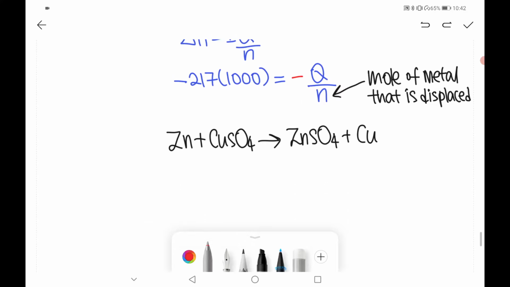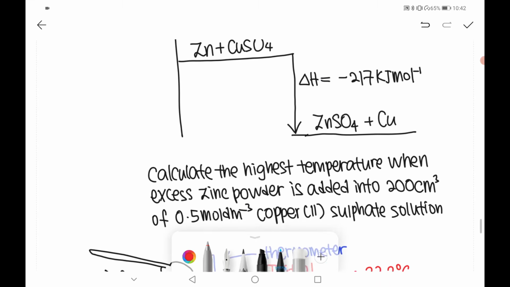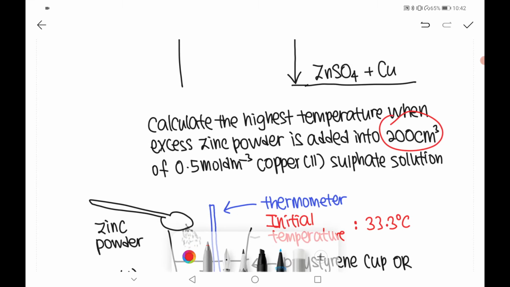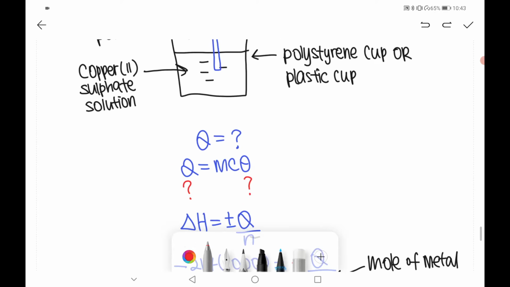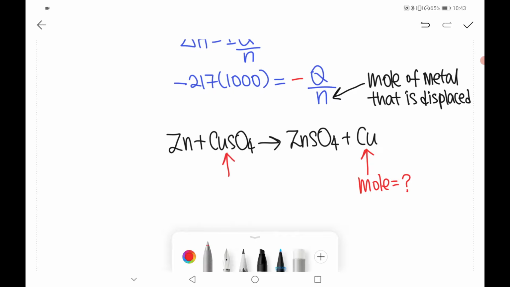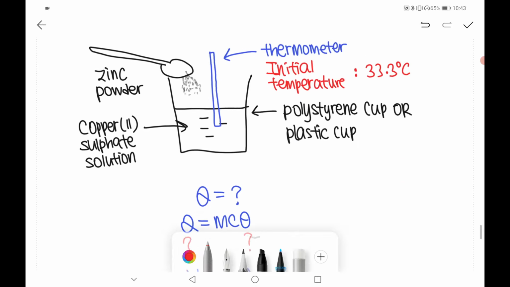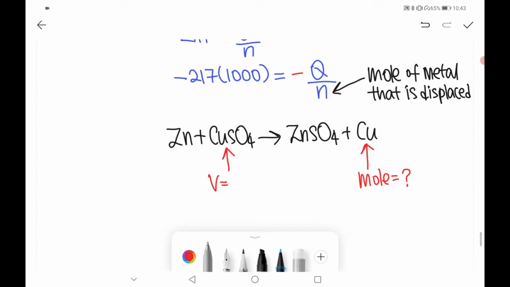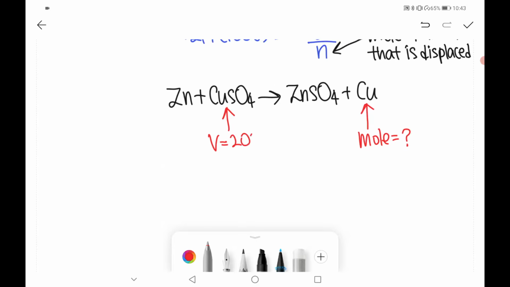Which metal is kicked out? Copper. So we want to find the mole of this copper. What information does the question give us? It gives us the volume and concentration for the copper sulfate solution: the volume is 200, and the concentration is 0.5.